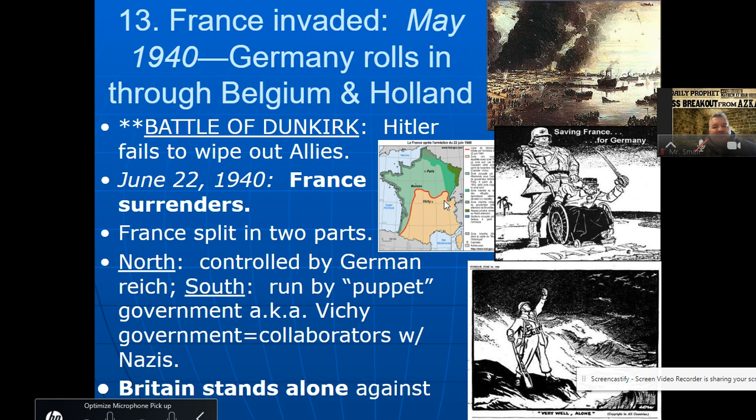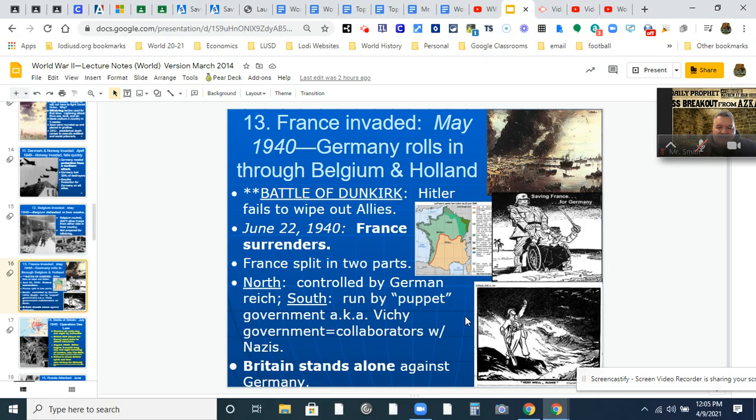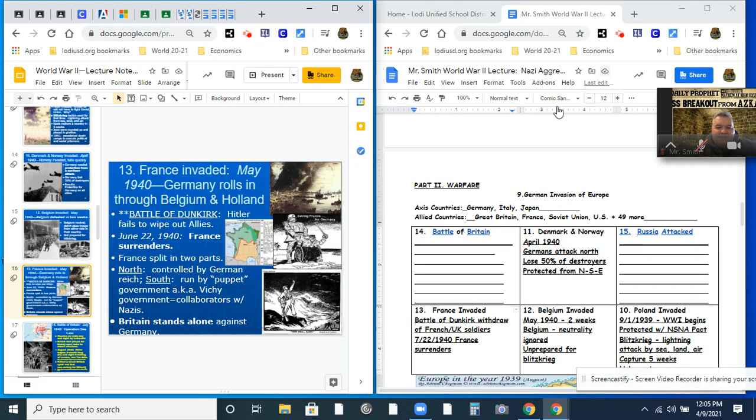The southern part is called Vichy, where they set up a puppet German government, where you had these French people working and collaborating with the Nazis. At this point in the war, by July of 1940, Britain was the only one standing against Germany controlling all of Europe.